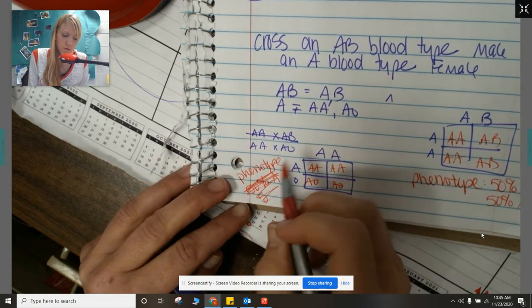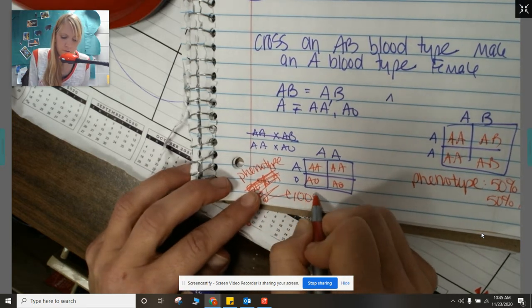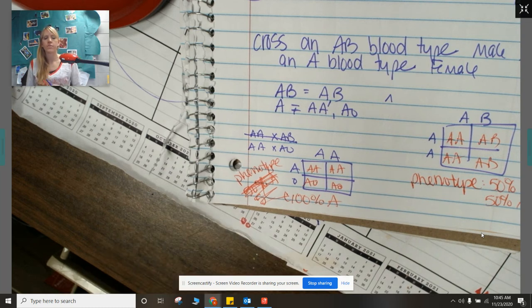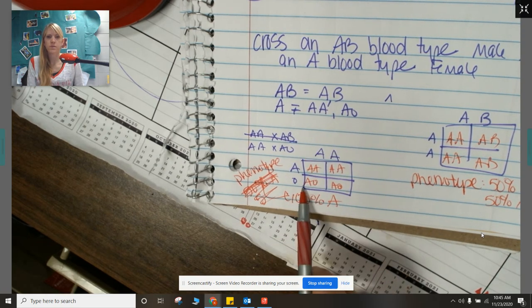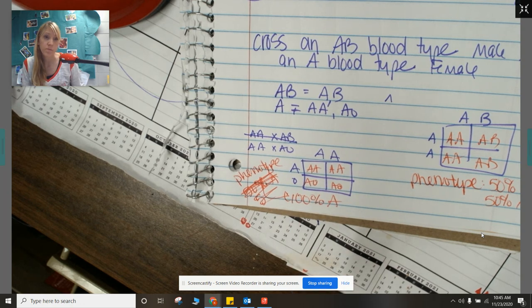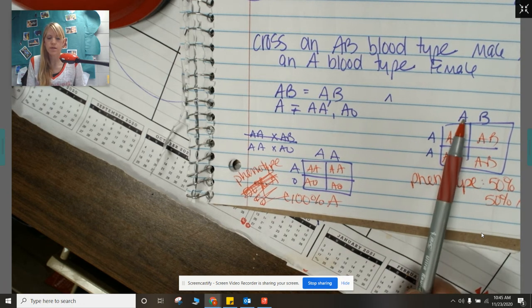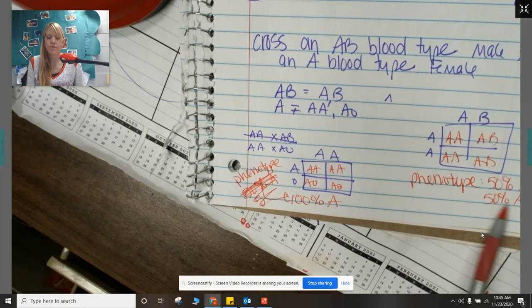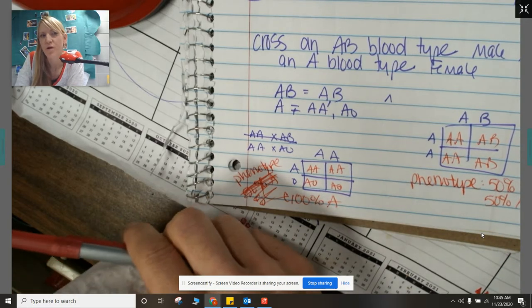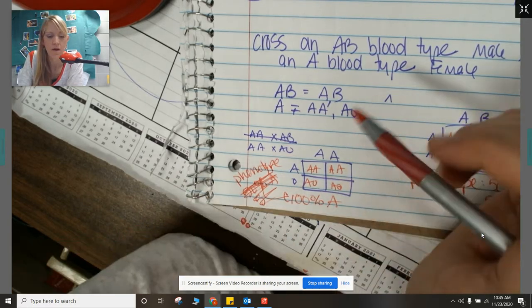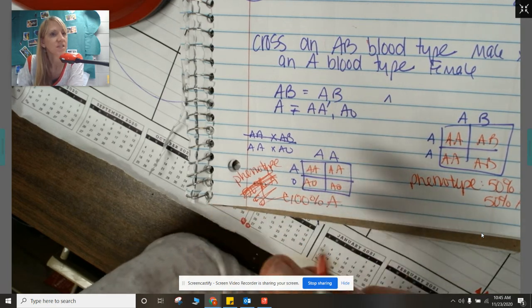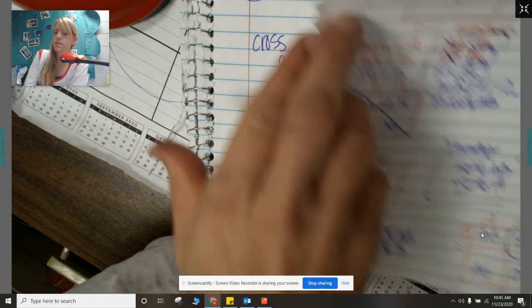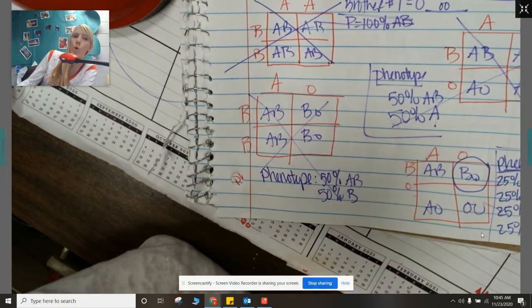You gotta pay attention. 100% A blood phenotype. So with this cross, AA and AO, all of their kids are going to have A blood. With this cross, 50% A, 50% B. I always think it's weird when a parent can have AB blood, but the kids can't. It depends upon the spouse. Isn't that interesting? All right, let me know if you have questions.